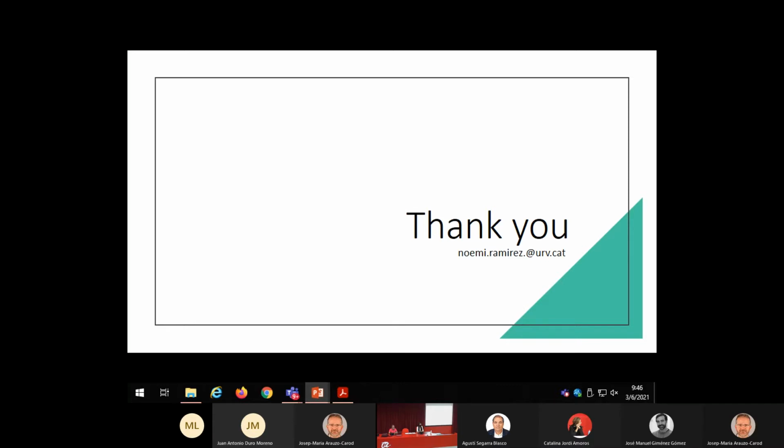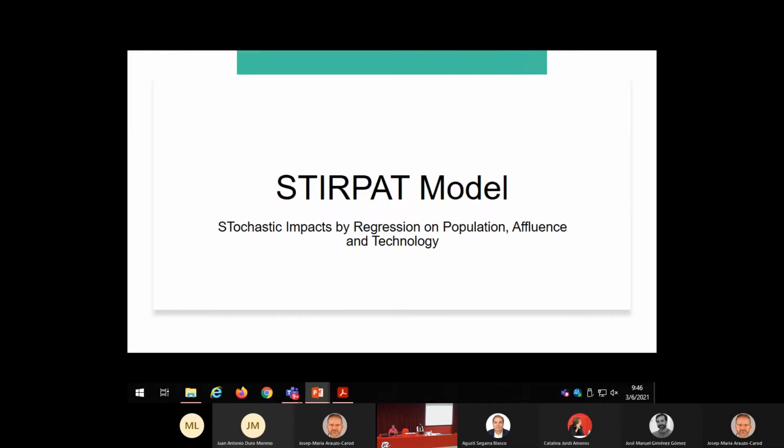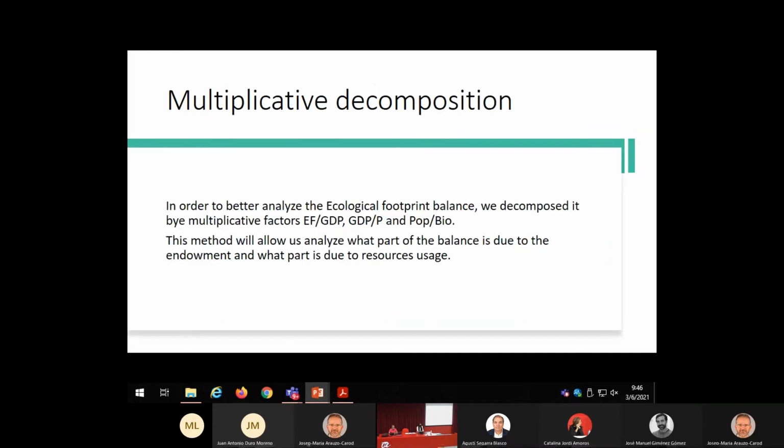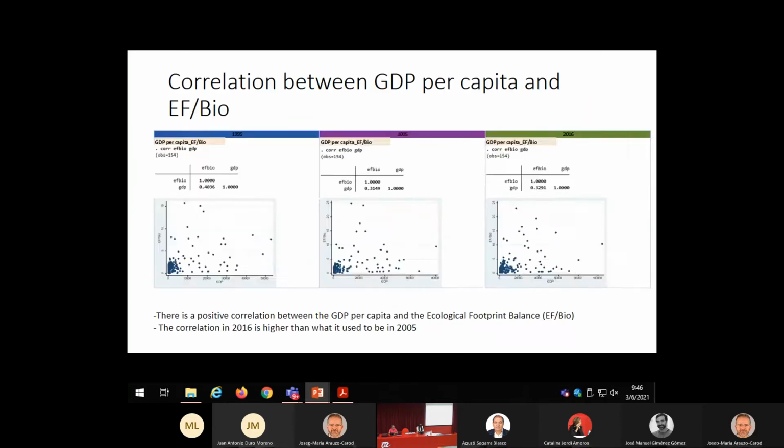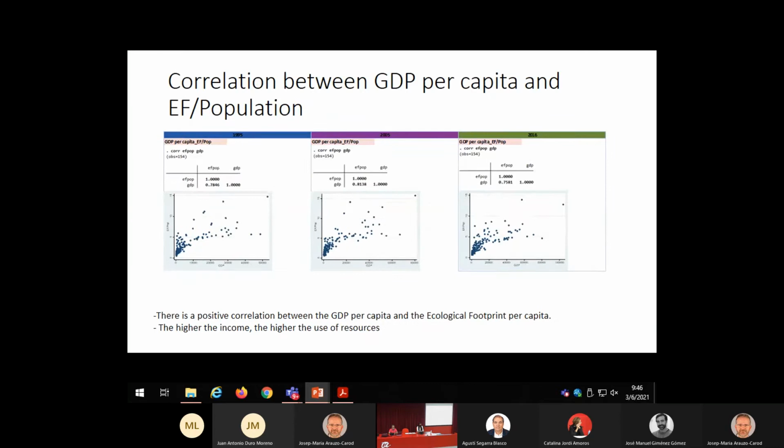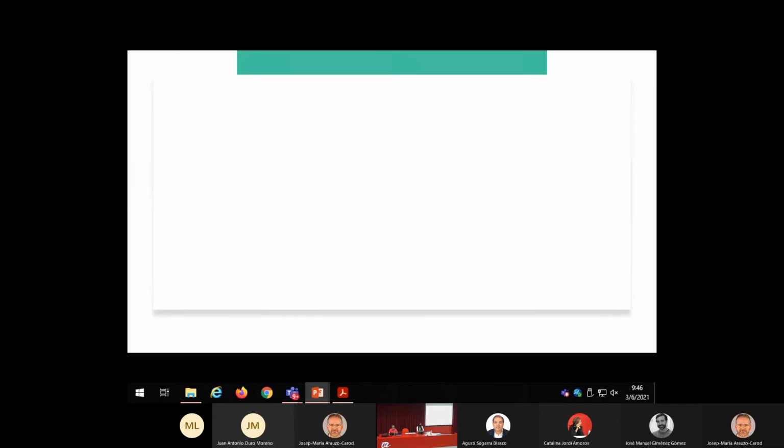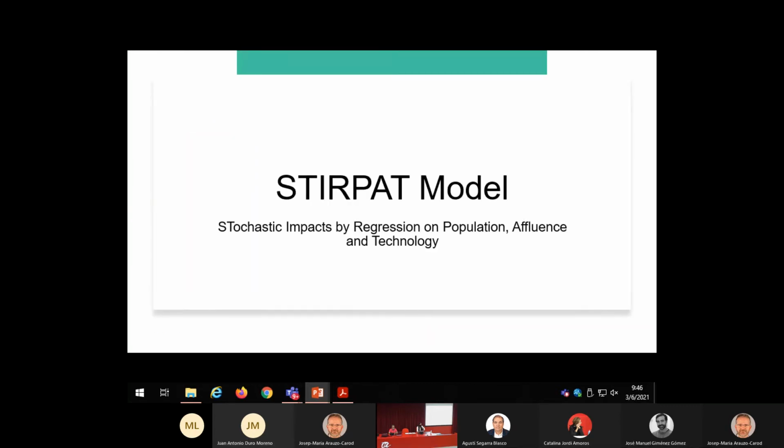So I was thinking you were going to say something about what's driving this ratio that you're doing. You have a ratio of, I suppose, consumption of materials.